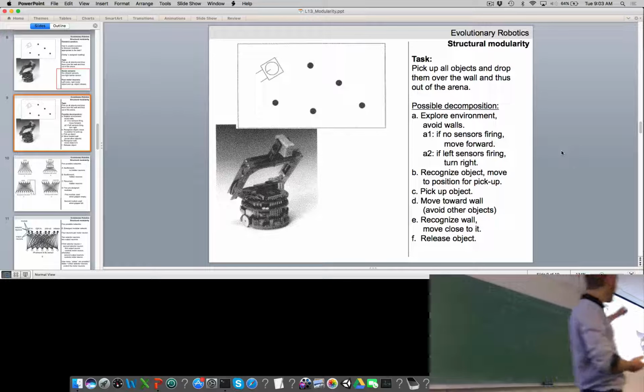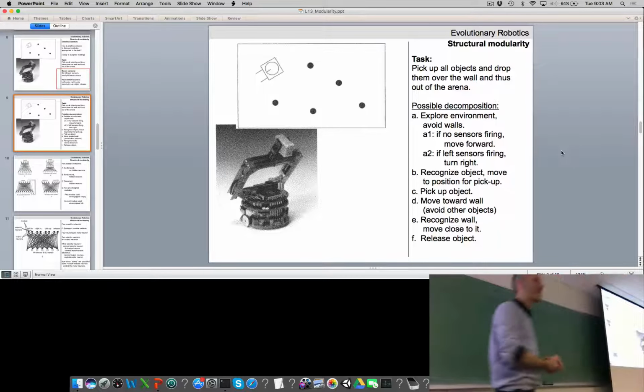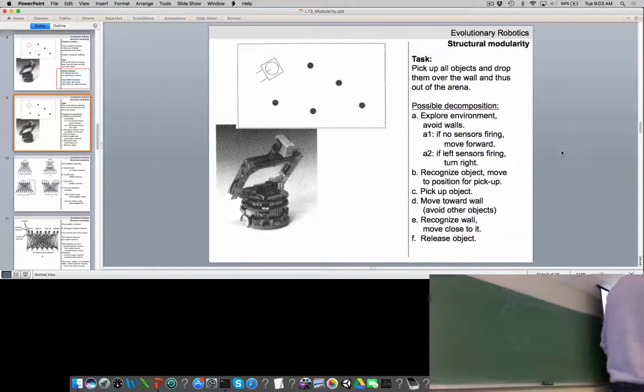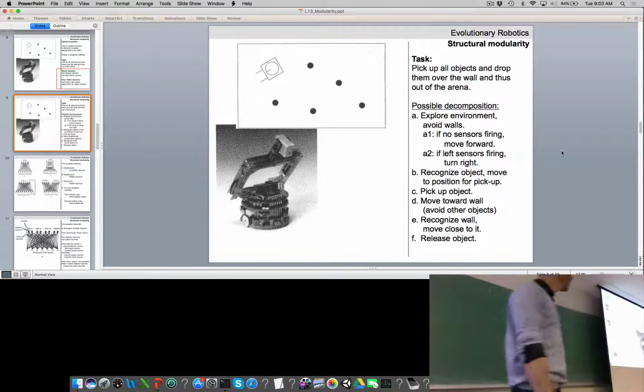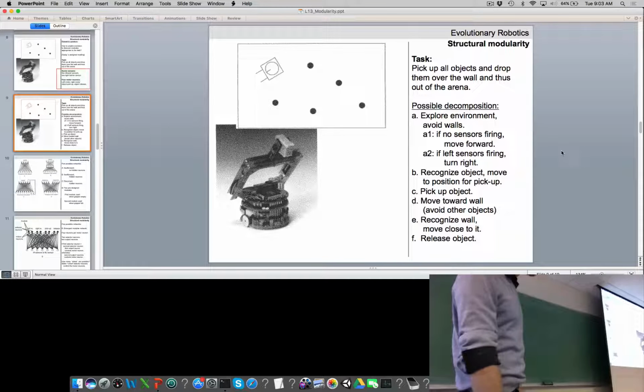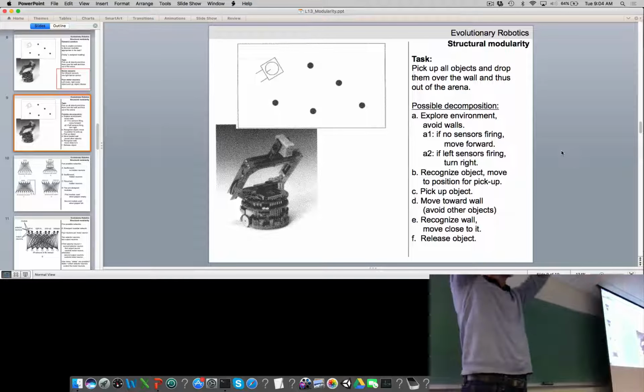It's also not immediately clear for these 6 subtasks, if we were to create 6 different neural modules for them, how big should those neural modules be? How complicated for the robot is it to, for step D, move towards a wall but avoid other obstacles, other objects while holding up the sugar cube?